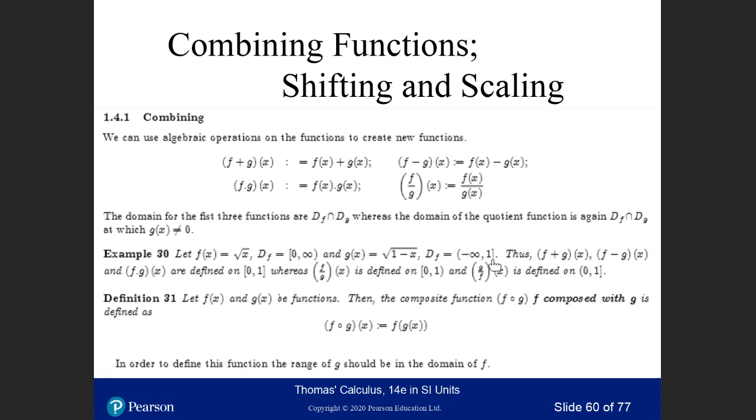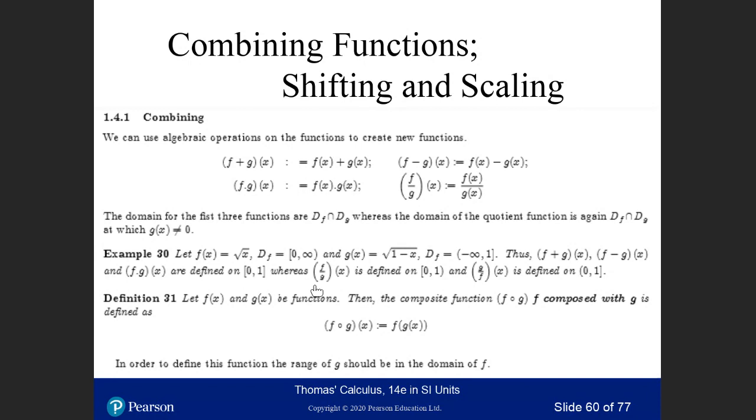Now the intersection of the domains of these two functions is equal to what? It's defined between 0 and 1, both included, for the first three functions: addition of two functions, subtraction of two functions, and multiplication of two functions. So the domain of f intersected with the domain of g is [0, 1] for these functions.